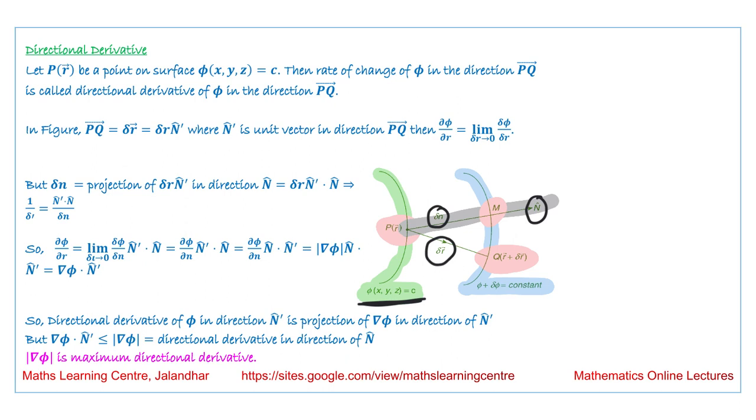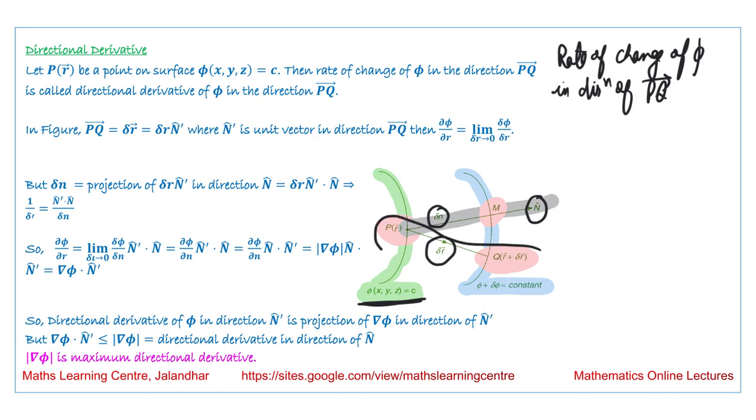Now the rate of change of phi, we are saying the rate of change of phi in direction of PQ vector. PQ vector is any vector given to us.